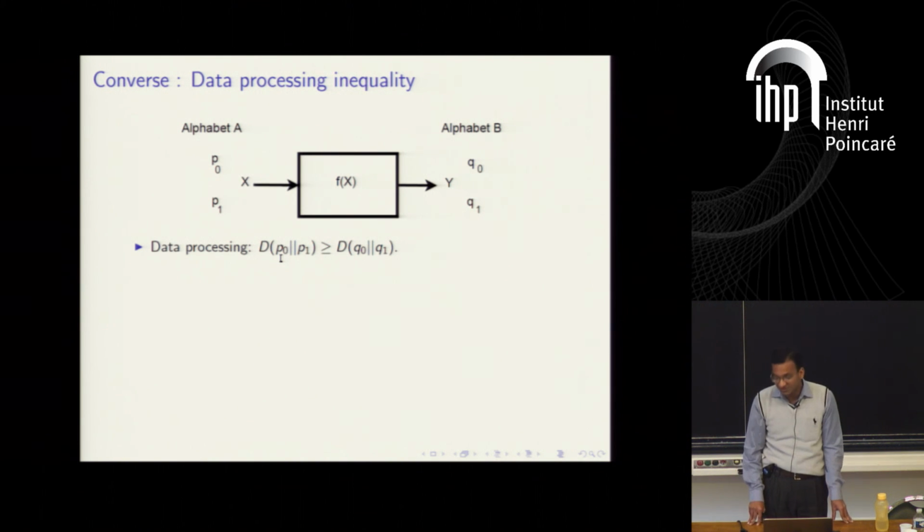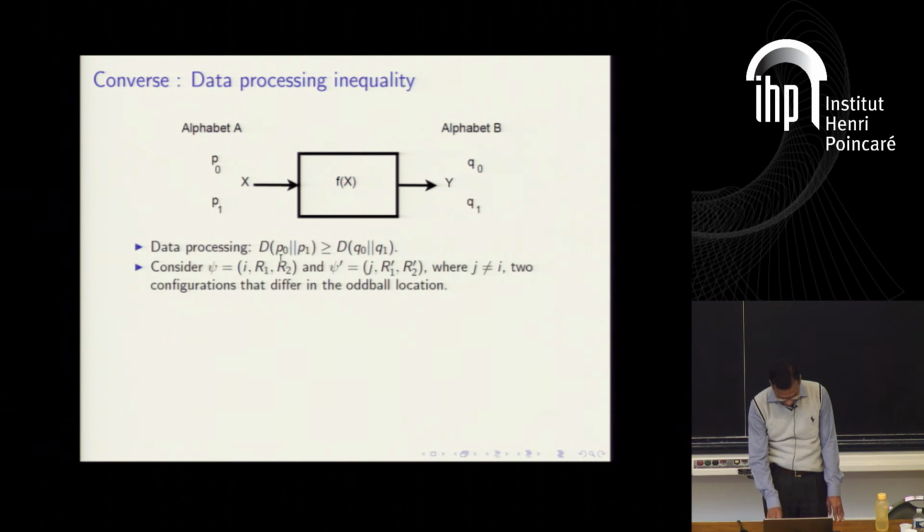Under hypothesis H0, y is now distributed according to Q0, and under hypothesis H1, y is distributed according to Q1. Then such processing can only decrease your ability to distinguish between the two hypotheses. And this is reflected in this inequality, that the relative entropy on the left side is greater than or equal to the relative entropy on the right side.